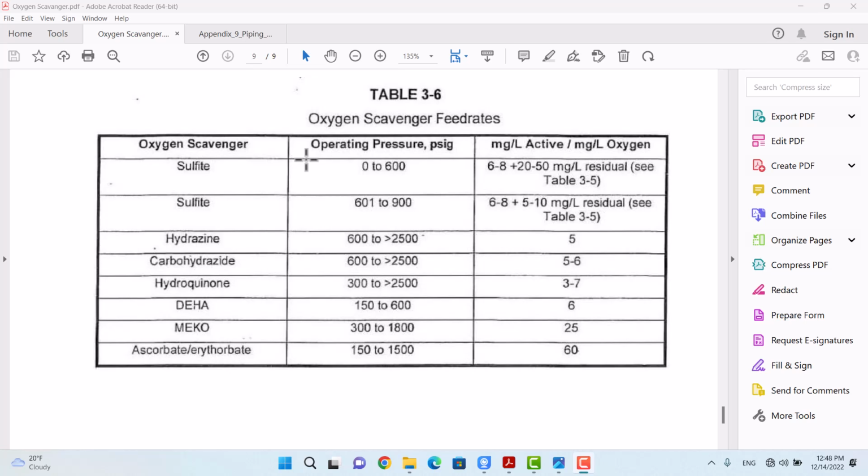I used to utilize hydrazine as the oxygen scavenger for my systems. As I said, hydrazine serves two functions. The first function is scavenging oxygen, and the second is being a passivating agent, the creation of the magnetite layer.